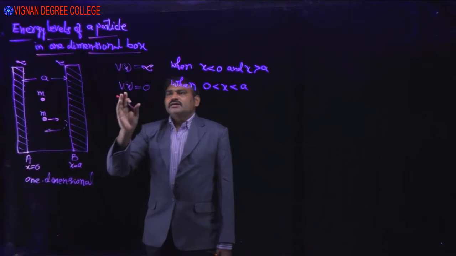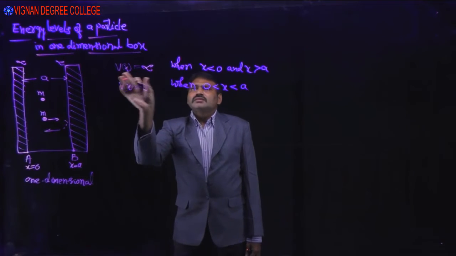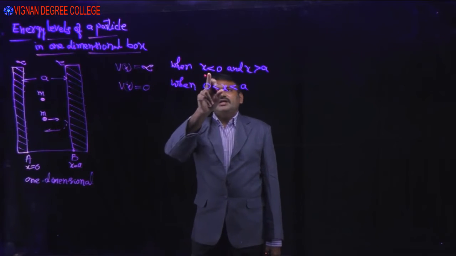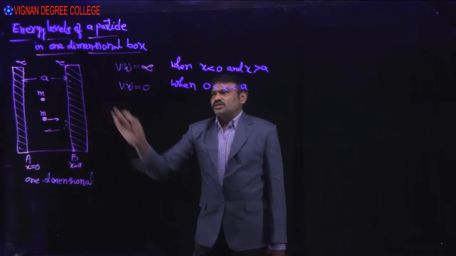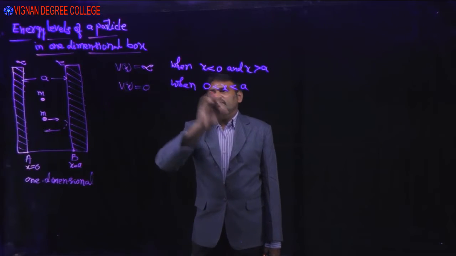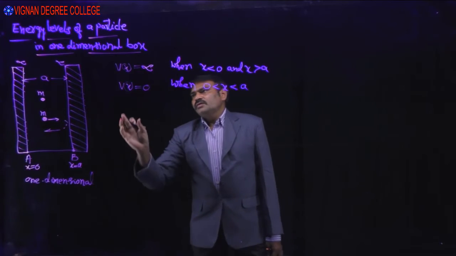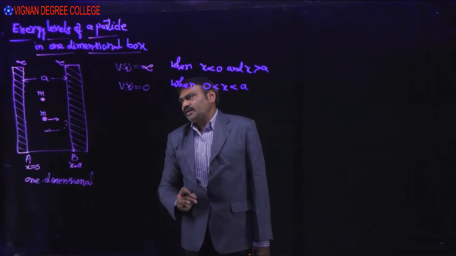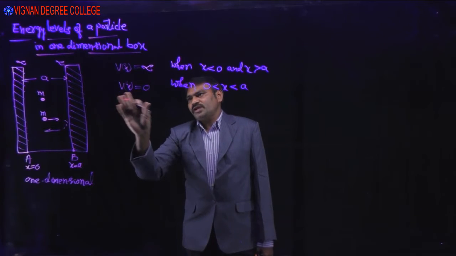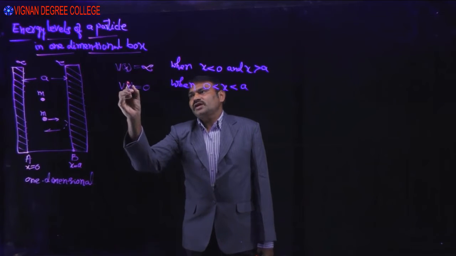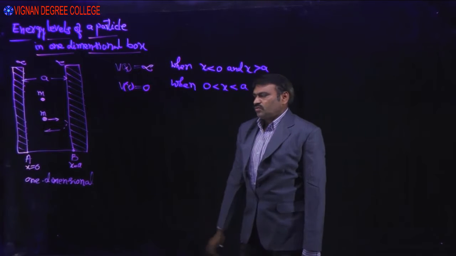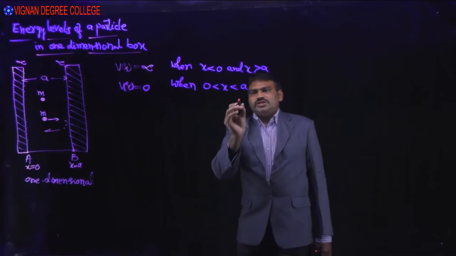So V of x is equal to infinity outside. For simplicity, there is no force acting on the particle, so the potential energy is constant. We consider the potential energy equal to 0. So this is equation number 1.